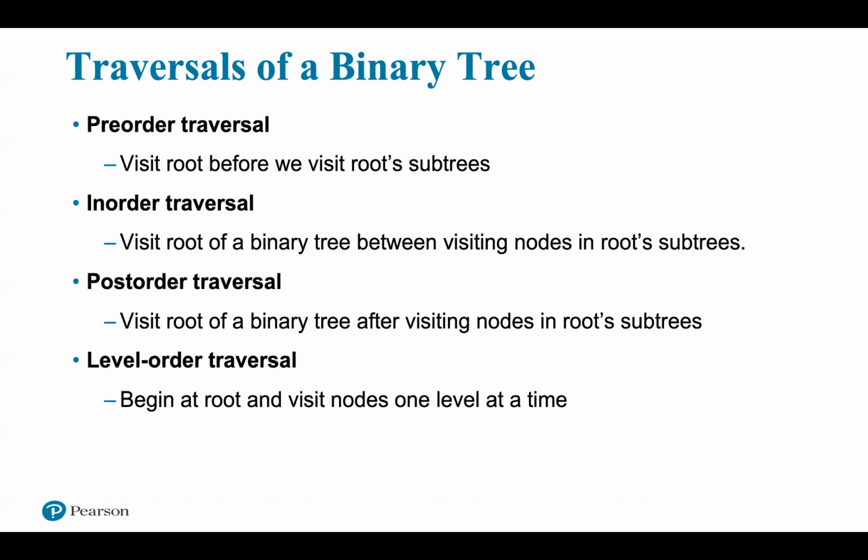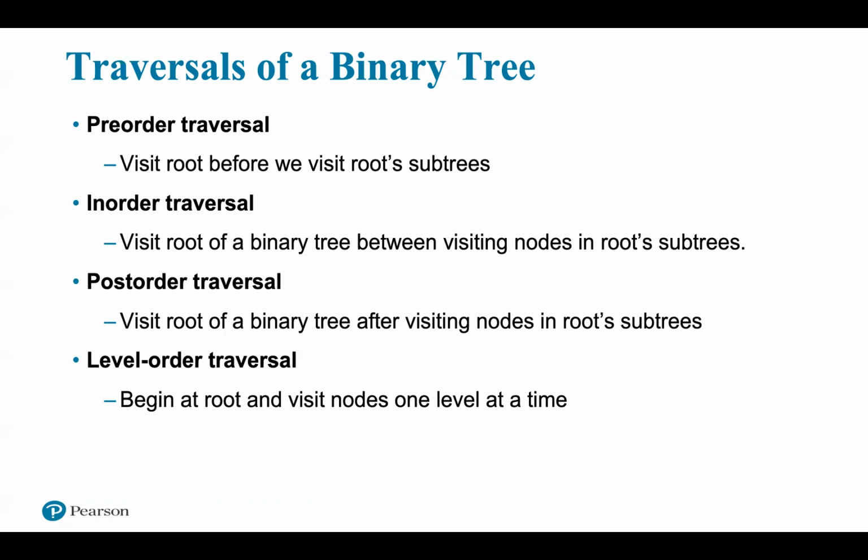We then visit all the nodes in the root's left subtree before we visit the nodes in the right subtree. In an in-order traversal, we visit the root of the binary tree between visiting the nodes in the root's subtrees. In particular, it visits nodes in the following order: visit all the nodes in the root's left subtree, visit the root, visit the nodes in the right subtree.